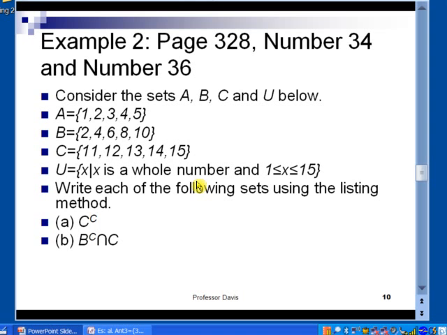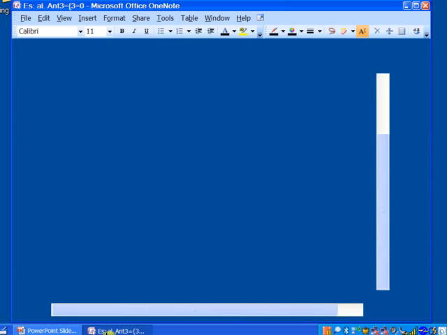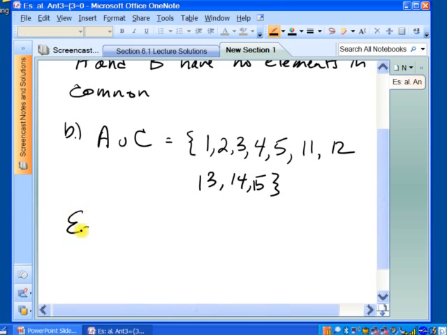And it says here that the universal set in this case is the set of all x such that x is a whole number from 1 to 15. All right, and let's write each of the following. Okay, first we want the complement of C, C complement, in part A. That's everything that's in the universal set that's not in C. All right, so let's go ahead and do that part first.